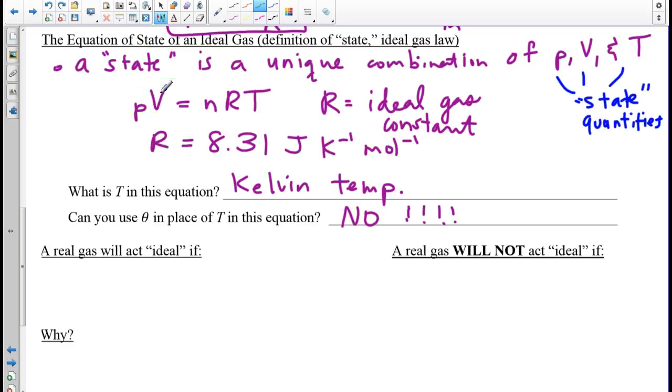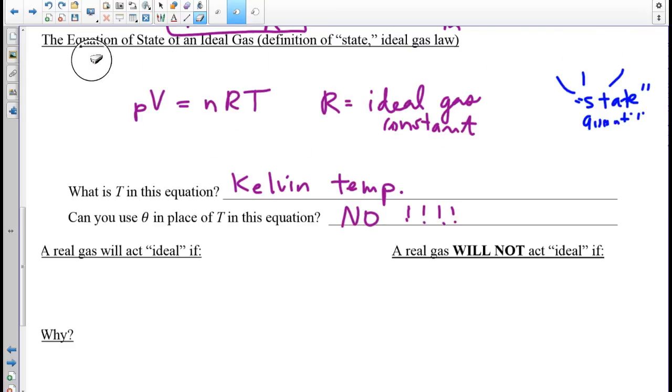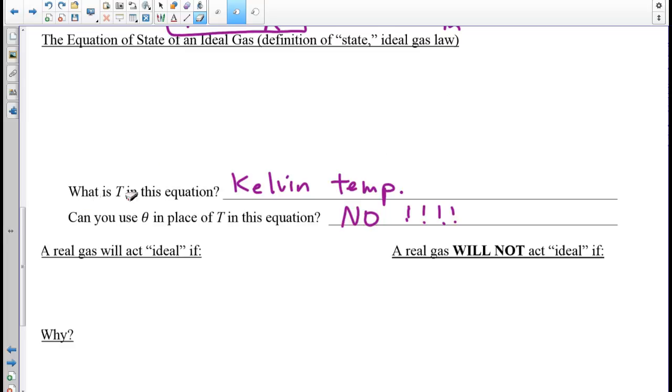Okay. I'm going to erase what we were looking at here, just so I have room, but you do not need to write what I'm about to put into your notes. But I do want to look at why we cannot use degrees Celsius in the equation. Let's say you have something like this, 2 over 4, and that is obviously equal to, well, instead of 2 over 4, I'm going to put 4 over 8.